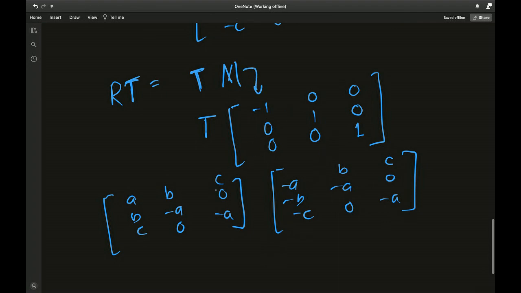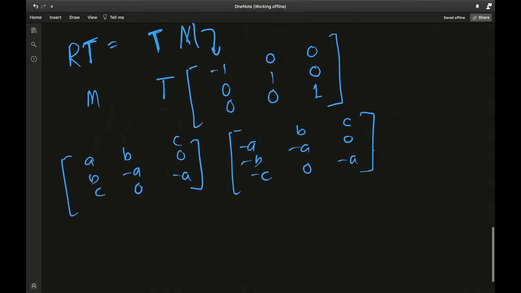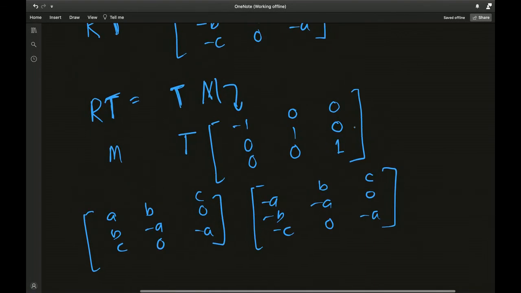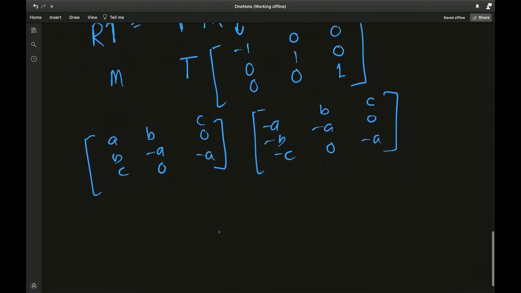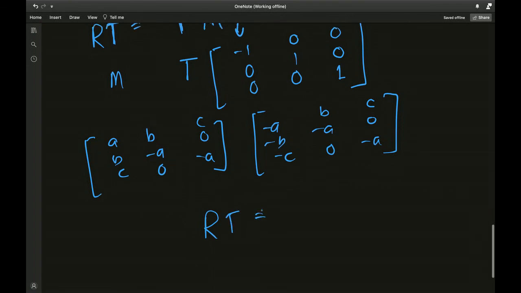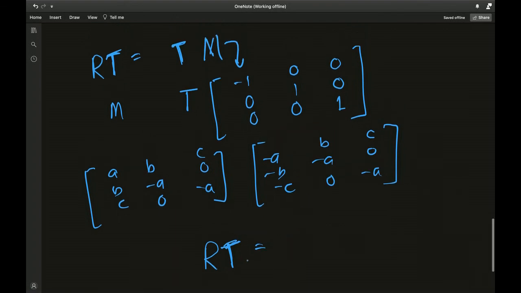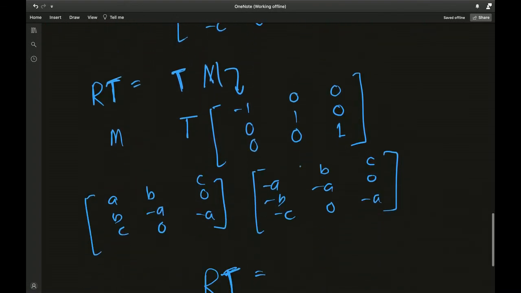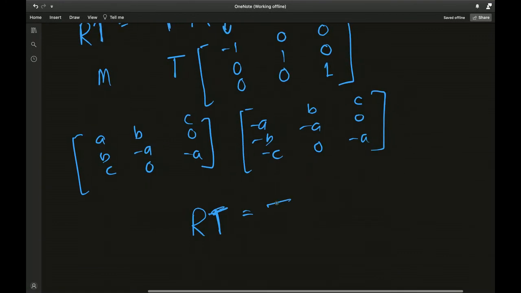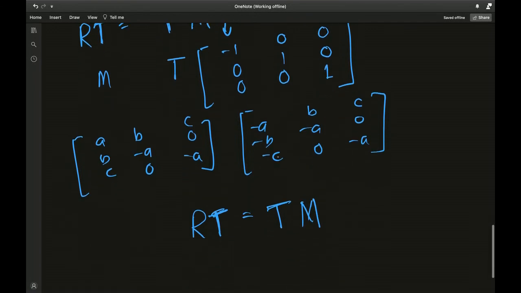Now one thing to note is if we put M before the T, if we had MT, then the multiplication would be the transpose of this, and we don't want that. So generally when you're working on stuff like this, reflection or change of bases, you have the reflection matrix or the operation matrix. Here the operation is reflection times the new basis matrix is equal to the basis matrix times M, which basically tells how much the basis matrix is changing.